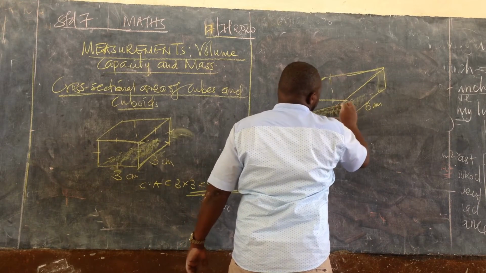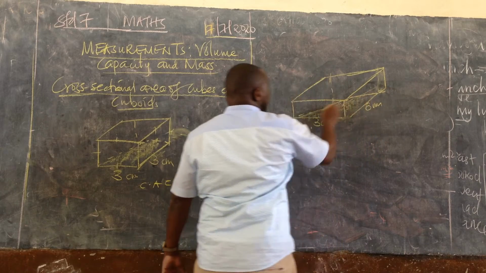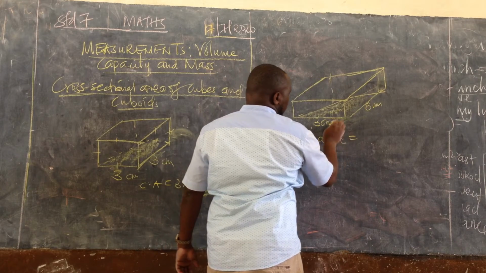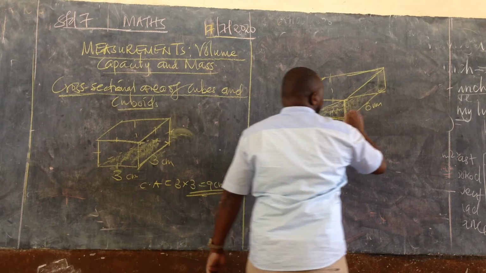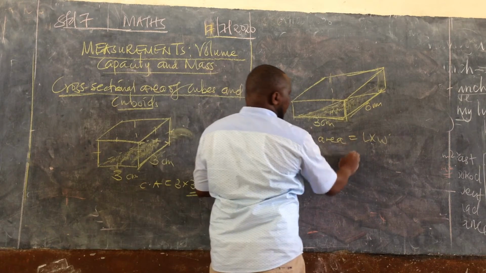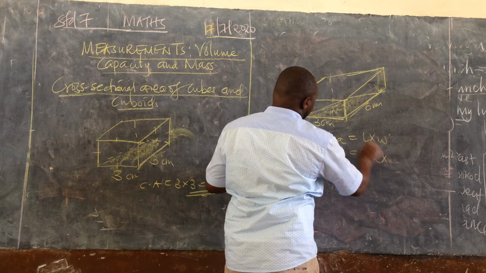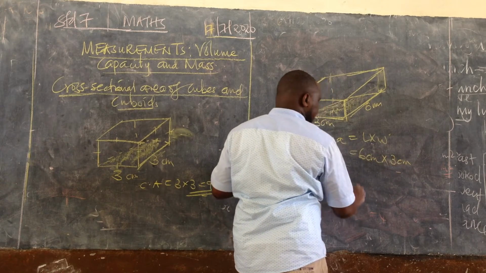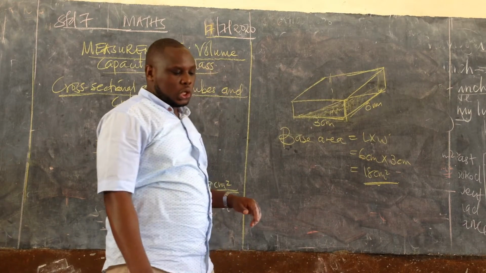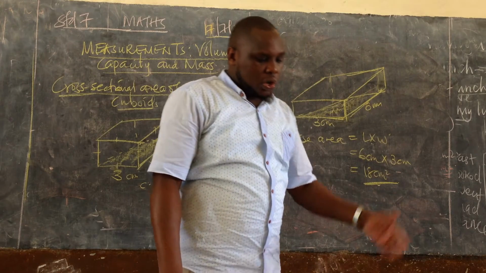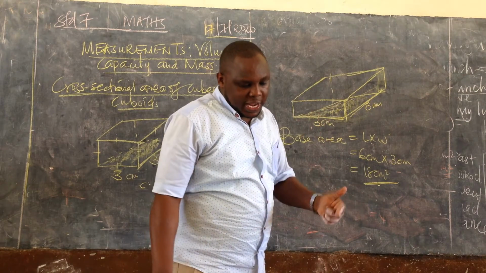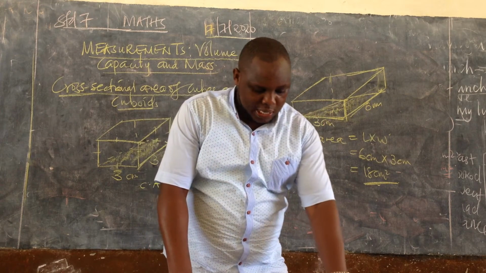Now this one we call the base area. What is lying on the base there, we call the base area. So the base area is going to be the length times width. The length is going to be the longer side, 6 centimeters, multiplied by the other side, 3 centimeters. This is going to give you 18 centimeters squared. So that is going to be the cross-sectional area. We use both base area and cross-sectional area to mean the area that you are able to see.